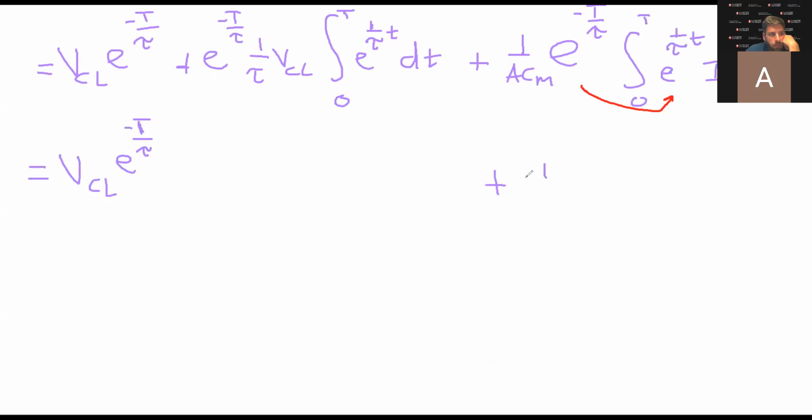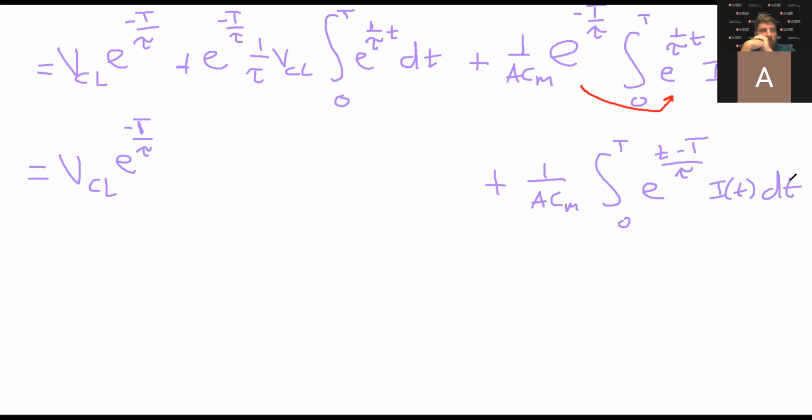And so I'm going to leave the 1 over a c sub n out here. And then when I take that exponential back in, I get what I started with originally, which is this. I didn't touch the integral in the middle yet, because I can work with that thing.